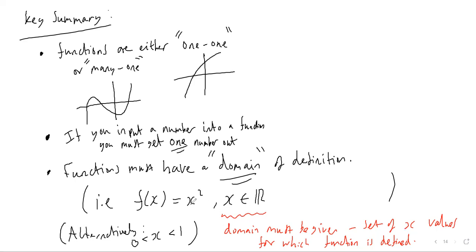You've got to specify the set of x values for which this function exists, because in order to define a function, you need to specify which inputs you're allowed. So the domain must be given, and the domain is the set of x values for which the function is defined, and you choose that, or the question will choose that for you. So that's just a key summary of functions.